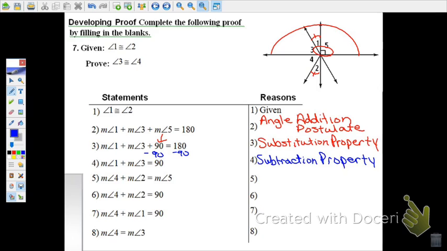If we look at our picture, angle 5 and angles 2 and 4 put together are vertical angles. So vertical angles are congruent.